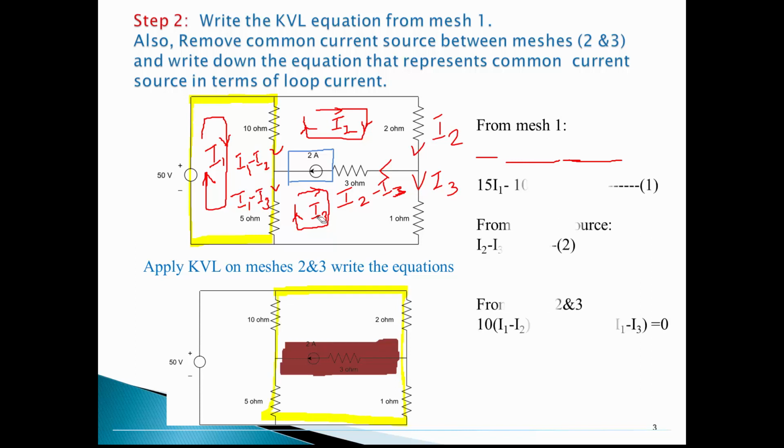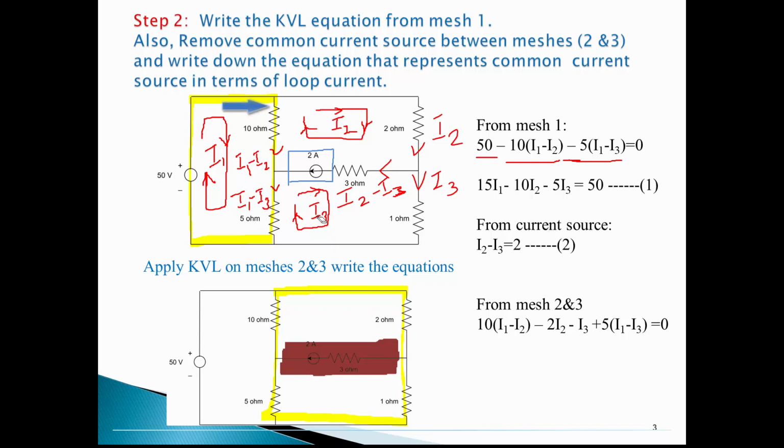Mesh 2 and 3, you may get 10 times (I1 minus I2). This 10 (I1 minus I2) has a plus sign because your second loop current is flowing opposite to this branch current I1 minus I2. So plus 10 (I1 minus I2).